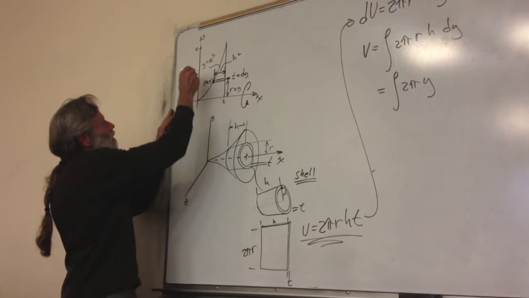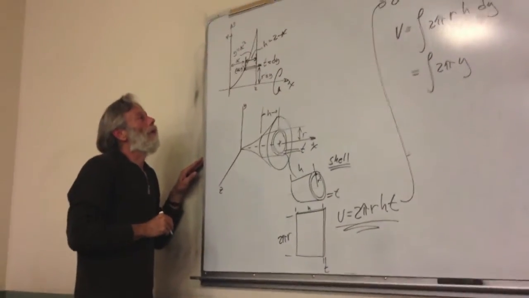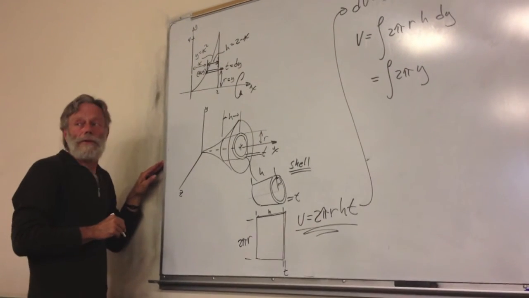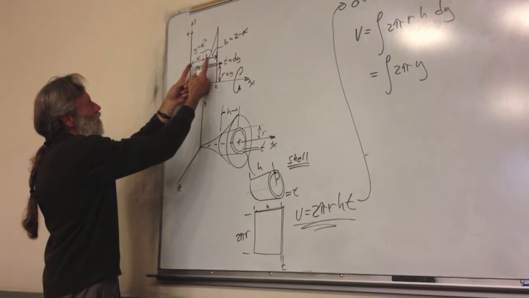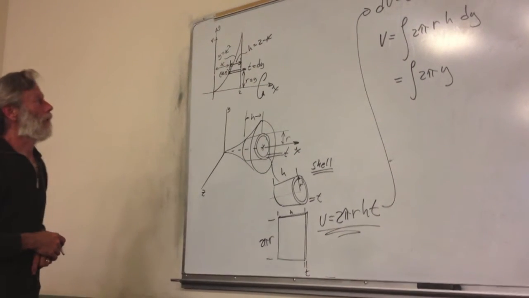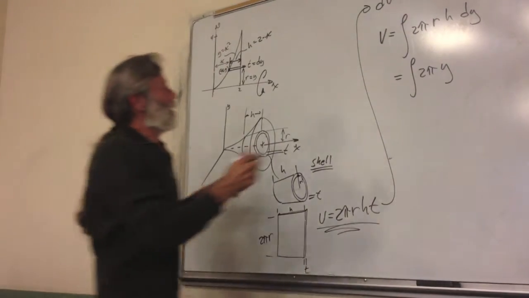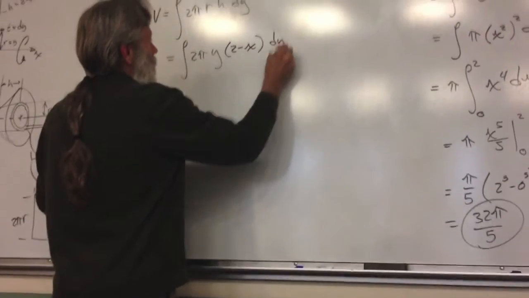This distance in here is an x, and the whole distance is 2, so 2 less x is the h distance that remains. Everybody okay with that? That's a full distance of 2, that much is x, so what remains must be 2 less x. Alright, so that's then 2 less x, y.